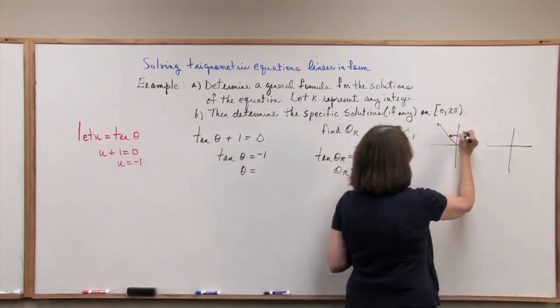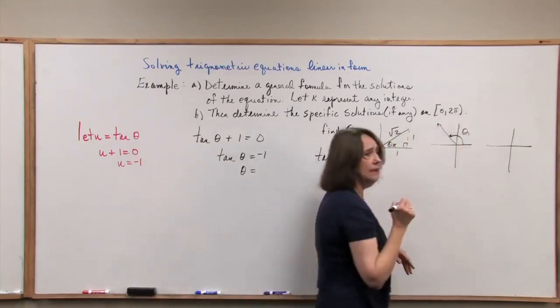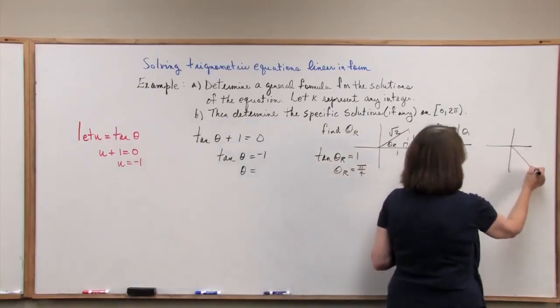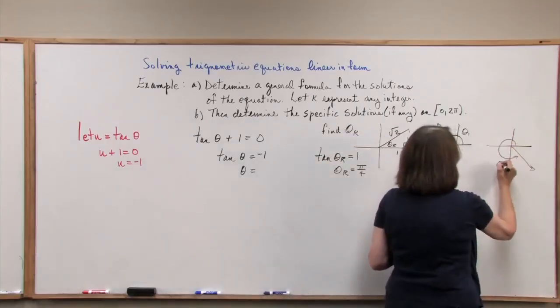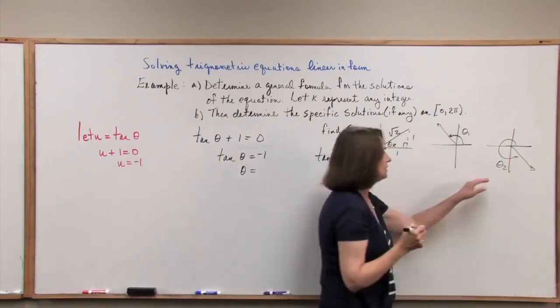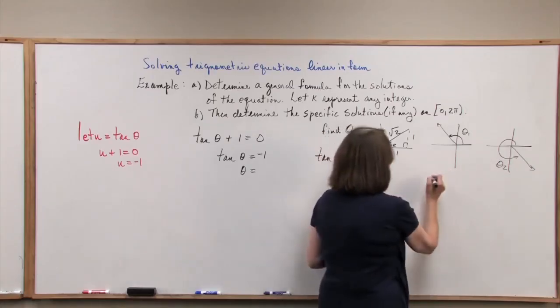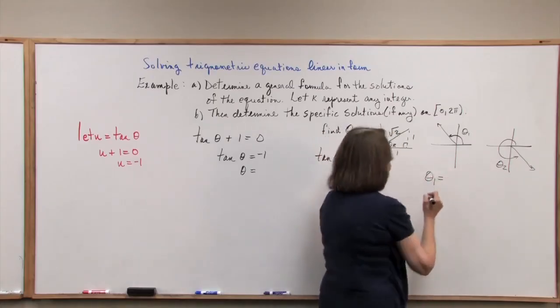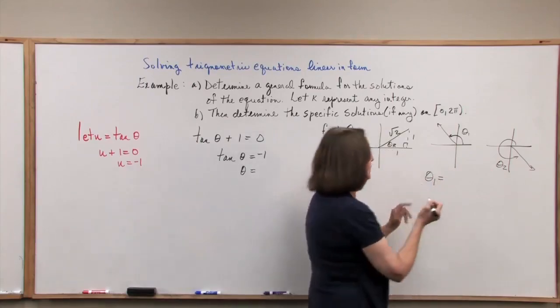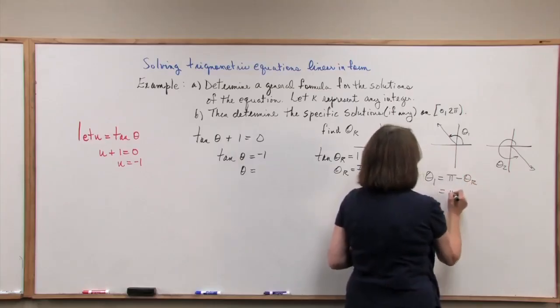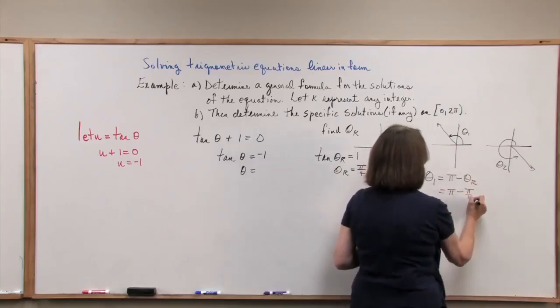Quadrant 2, we'll call it theta 1. Quadrant 4, we'll find that solution and call it theta 2. To find the first angle in quadrant 2, we need to subtract the reference angle from pi.